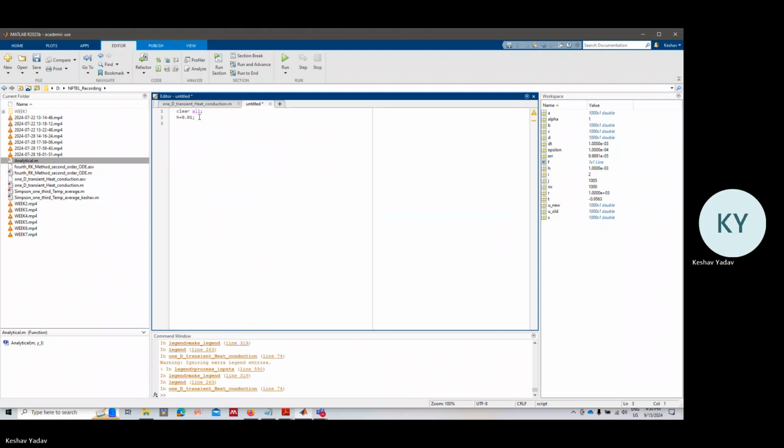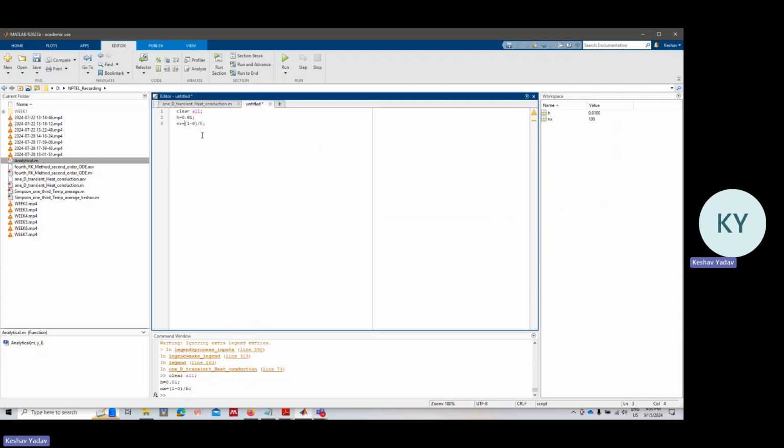So what will be my number of grid points? Nx will be what? I have upper limit 1, lower limit 0 divided by h. Okay. So let me just check if everything is going all right or not. So this is my nx. This is the number of intervals.